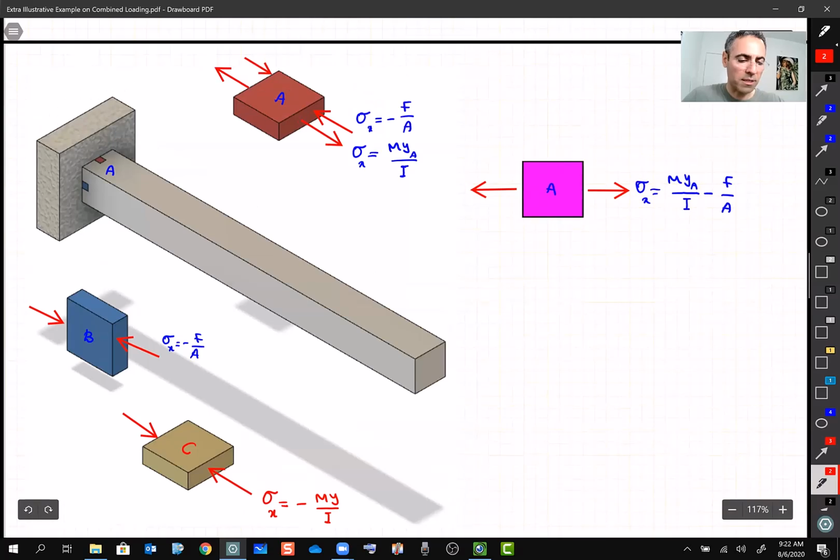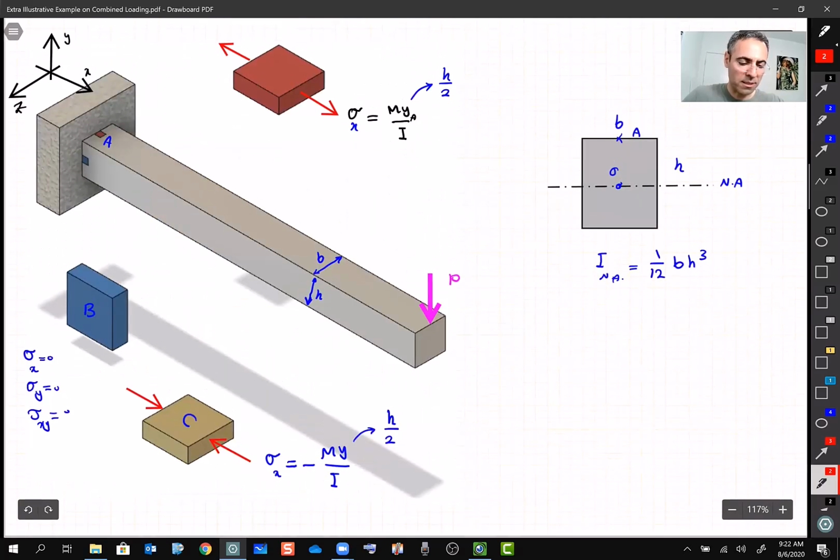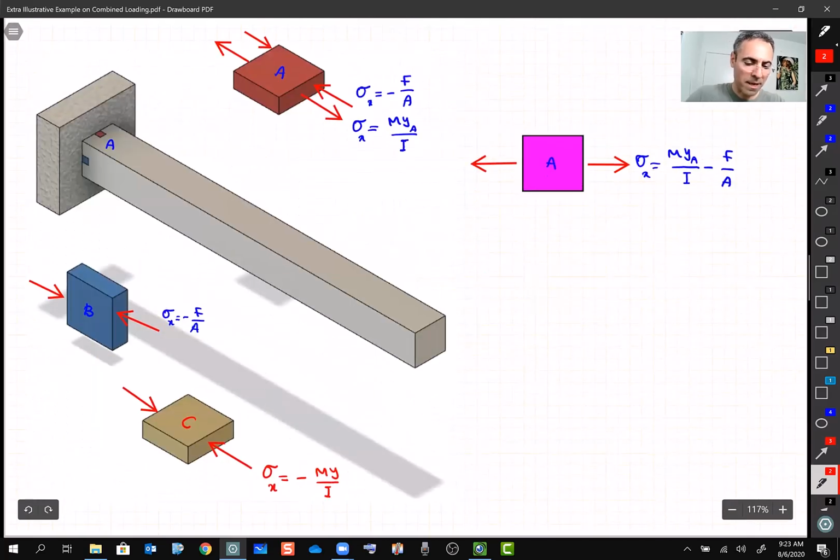Let's move back one step to example 2. See, this is point C. Because of this bending load, it is going to be negative because it is underneath, and that's under compression, all right?